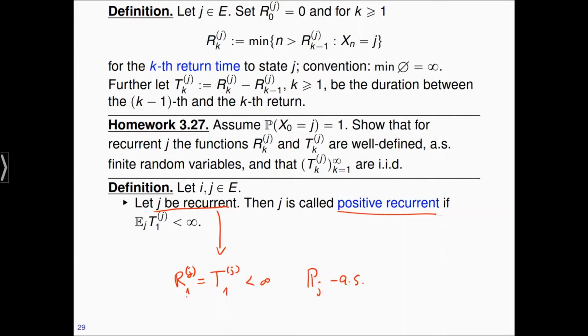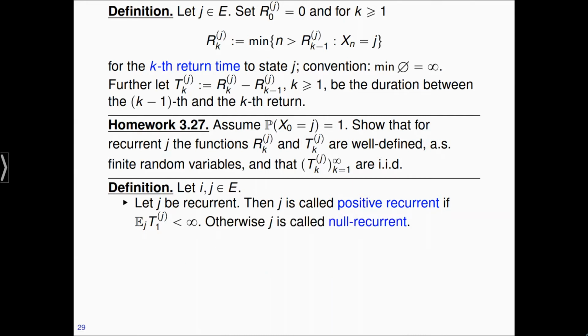So this says that the first return time to J is finite when I start at J. And now you see the difference to positive recurrent. Positive recurrent is that not only the random variable is finite, but the expectation of this random variable is finite. So that's demanding more. It's a stronger form of recurrence. If J is recurrent, but not positive recurrent, it's called null recurrent.